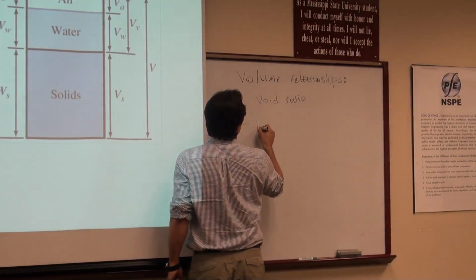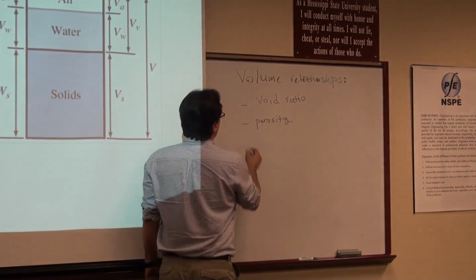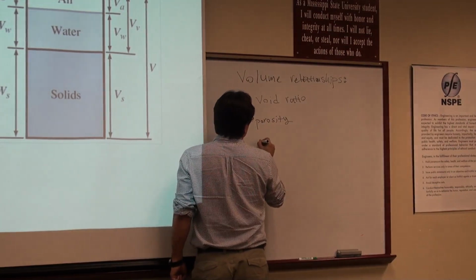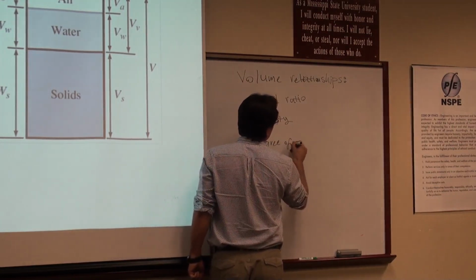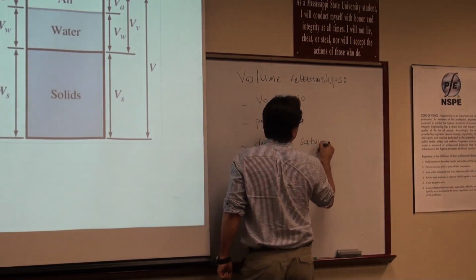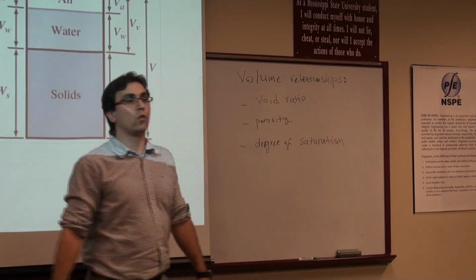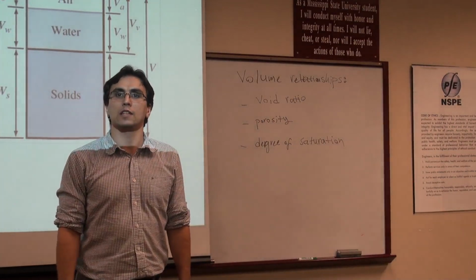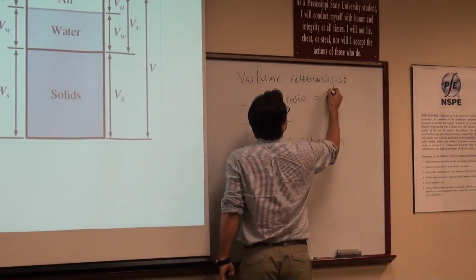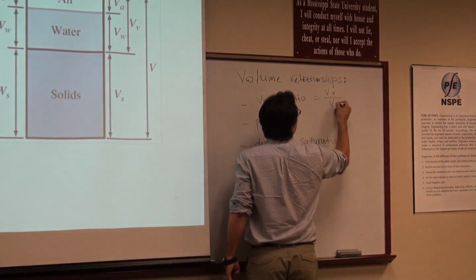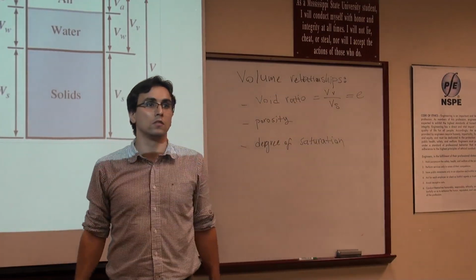The second one is porosity. The third one is degree of saturation. Void ratio, from the name, is the ratio between volume of void divided by volume of solid. We use e to show void ratio.